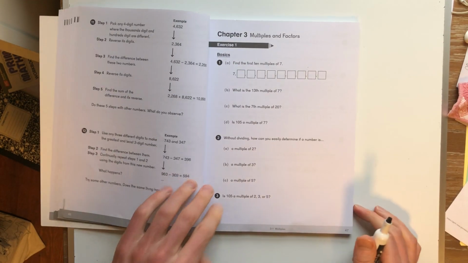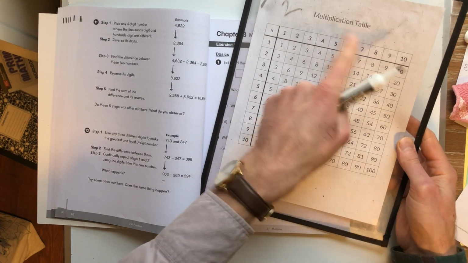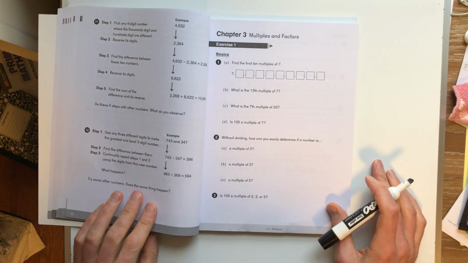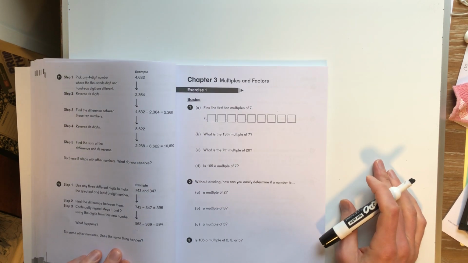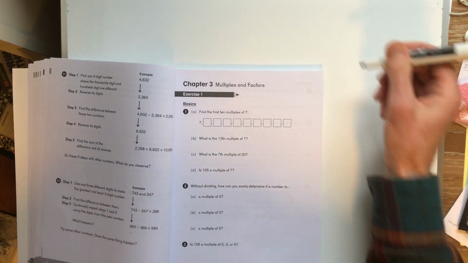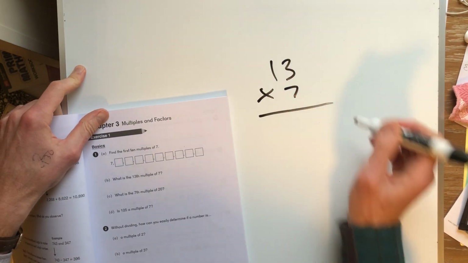page 47. So here it says first 10 multiples of 7. Well, if you don't know them, just look at the multiplication table. What's the 13th multiple of 7? I don't really know. One thing I could do, because the 13th multiple means it's 7 times 13. So I could do 13 times 7.